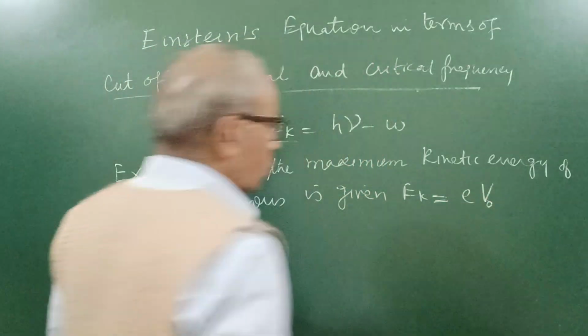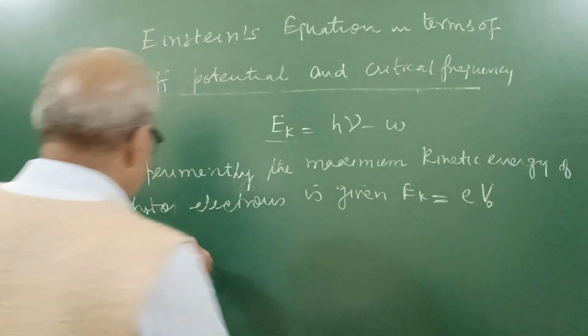Here E is the charge of electron and V0 is the cutoff potential.